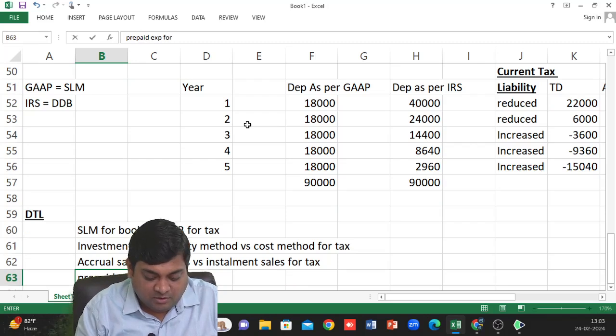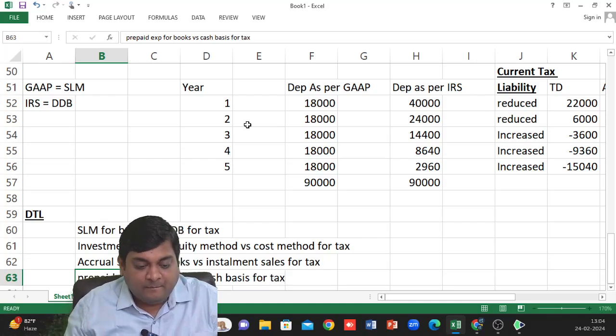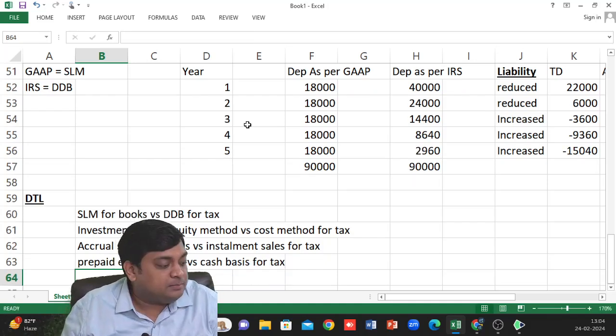Prepaid expense for books versus cash basis for tax.